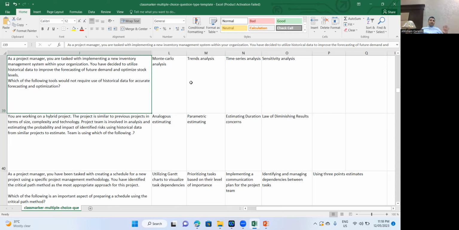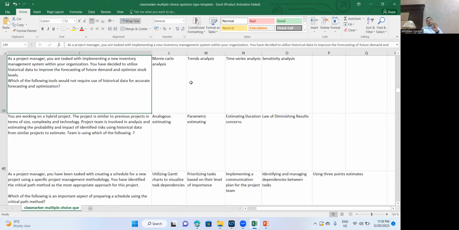Everything actually requires input. Monte Carlo requires input variables. Trend analysis requires input data, the past trend. Time series analysis also requires input data. Sensitivity analysis also requires input data. But the quality of data can be true data or it can be dummy data. Now, should this input data always be historical, real data, or is it not necessary?